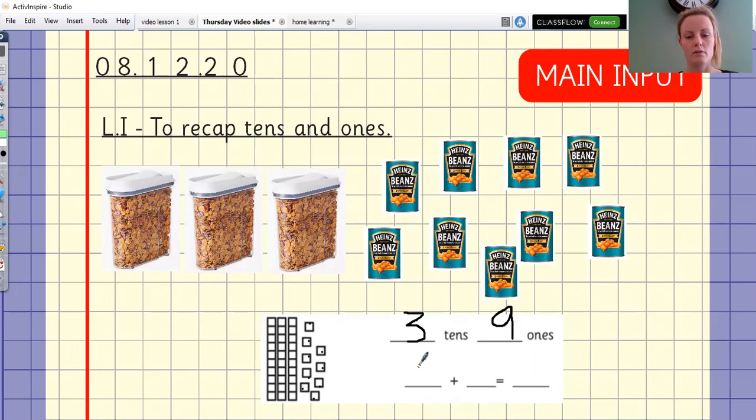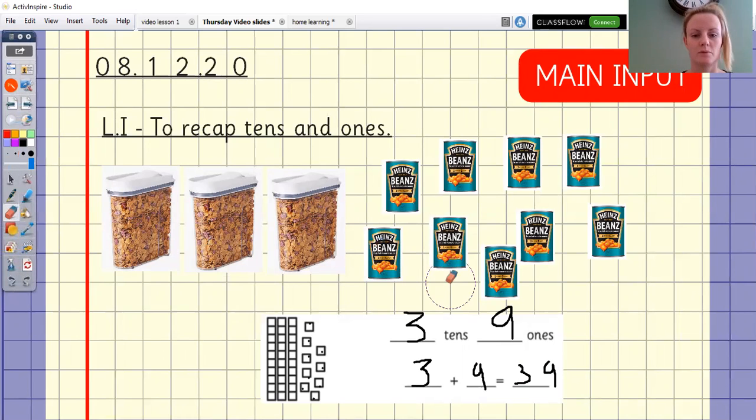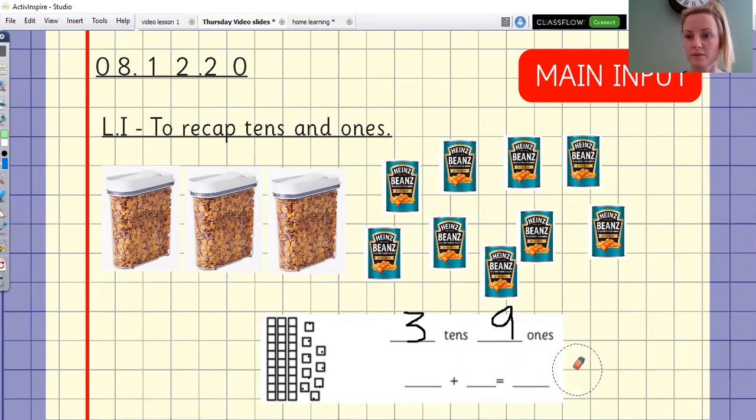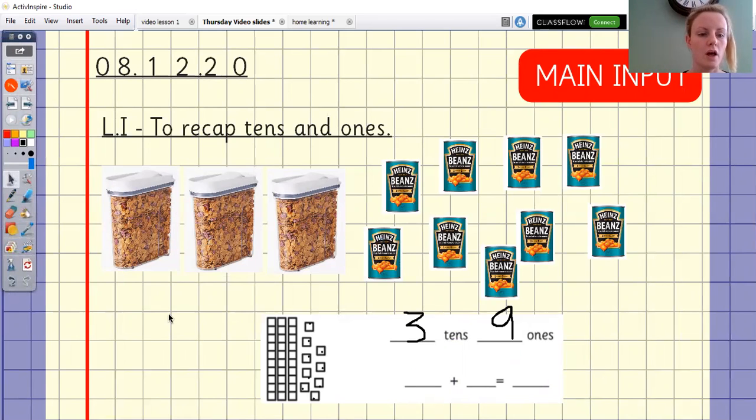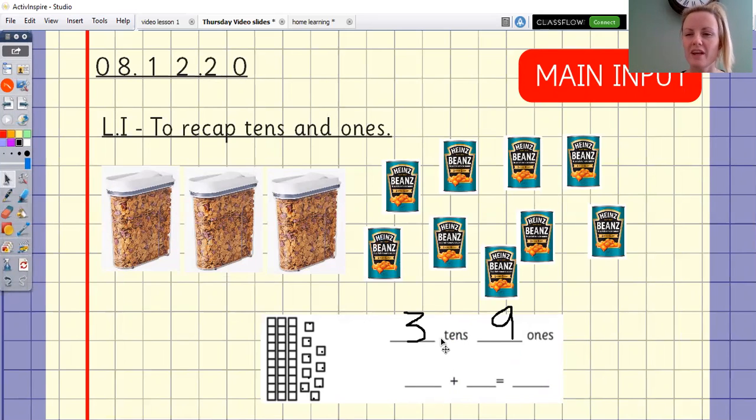Okay. So just have a look at this and tell me if I'm on track. 3 plus 9 equals 39. Yeah, sorted, done it. That was easy, no problem at all. Okay, you're right. I've made a little bit of a mistake, but that's okay because mistakes mean we are learning. So I've got 3 tens.